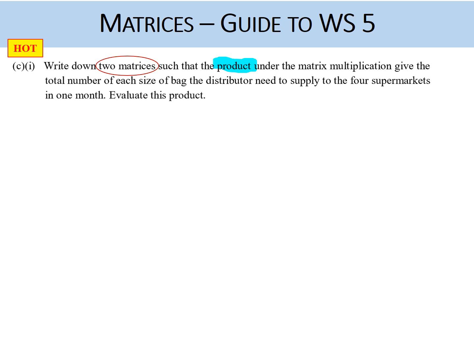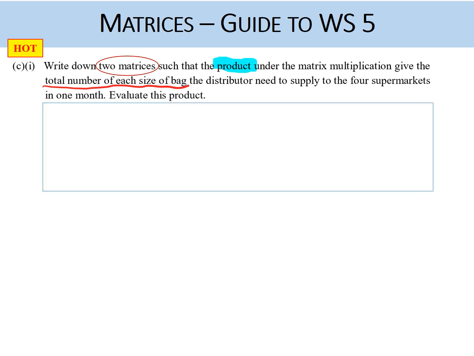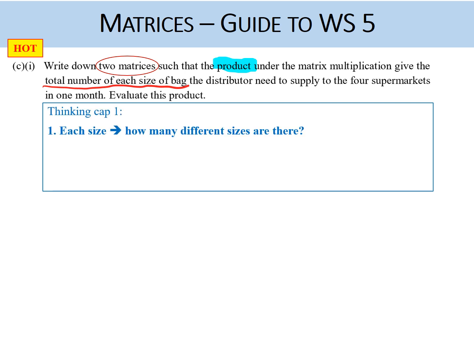Okay, so the question asks for the total number of each size of bag. Now let us dissect the question a little bit further. Now the question talks about each size. So exactly how many different sizes are there? You may need to refer back to the question.